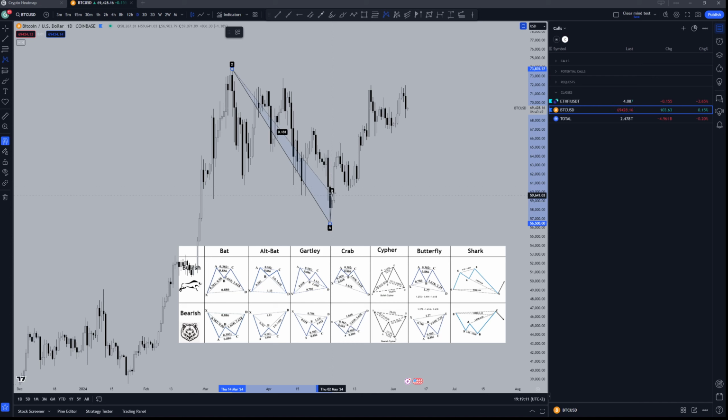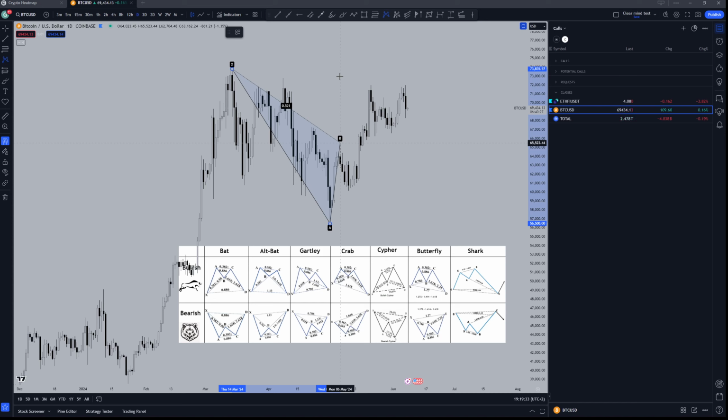And we can just follow price like this, just keep the magnet attached to it until we see a number that aligns with one of our B points. The numbers we're looking for are either a 0.382, a 0.5, a 0.618, or a 0.786.